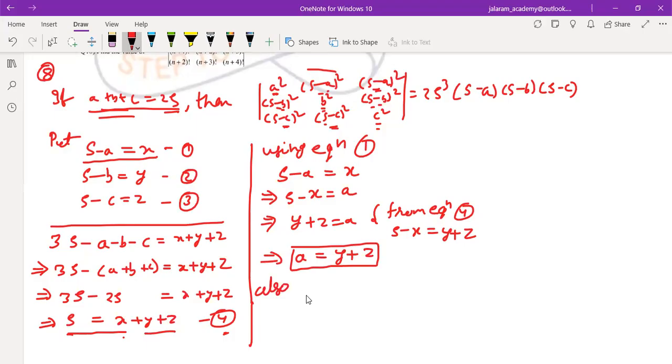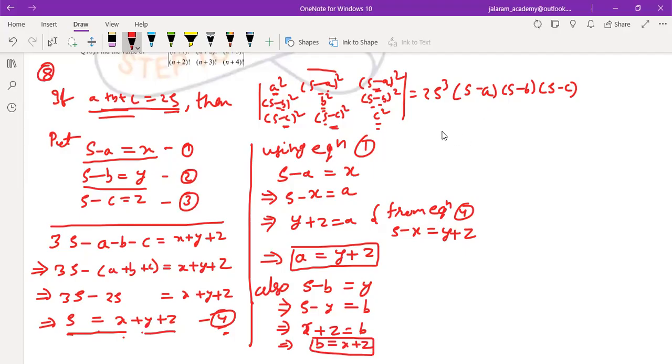Also, s minus b equals y is given. So to find the value of b, we write s minus y equals b. And from equation 4, s minus y is x plus z, so b equals x plus z. So we have calculated the value of b in terms of x and z.